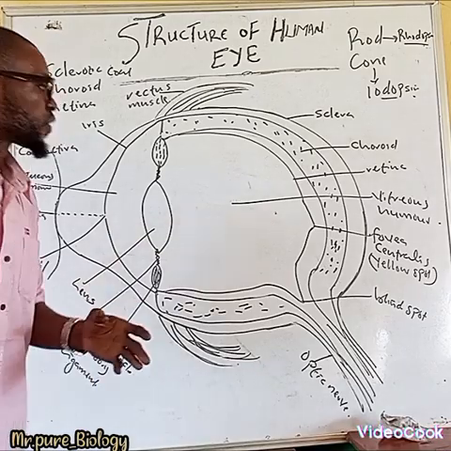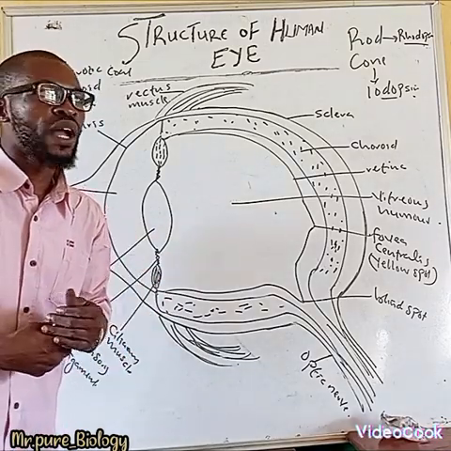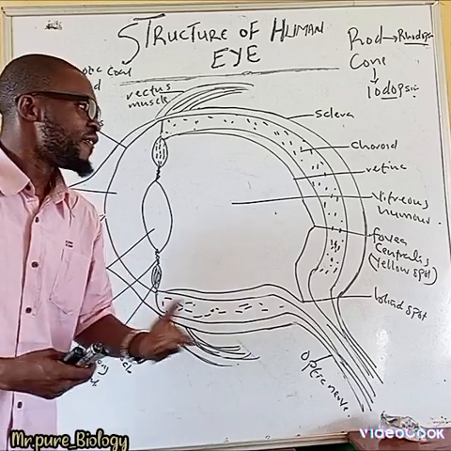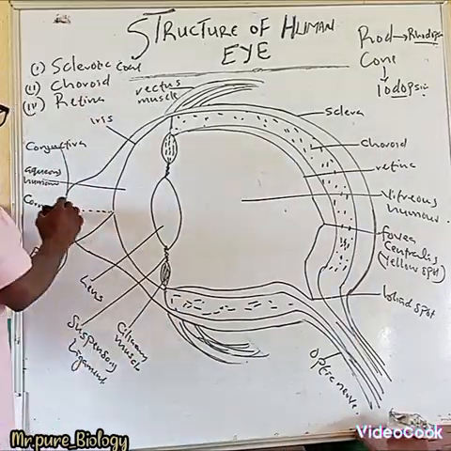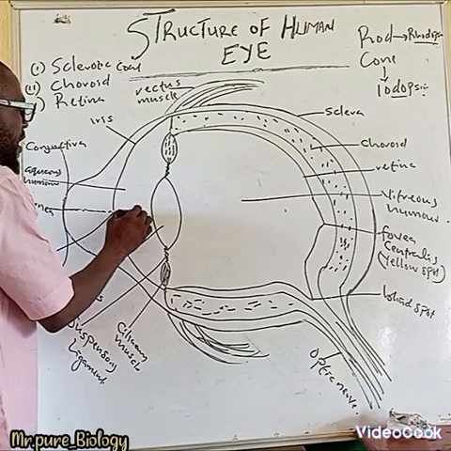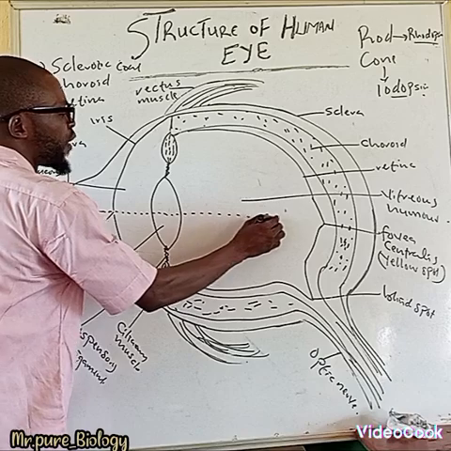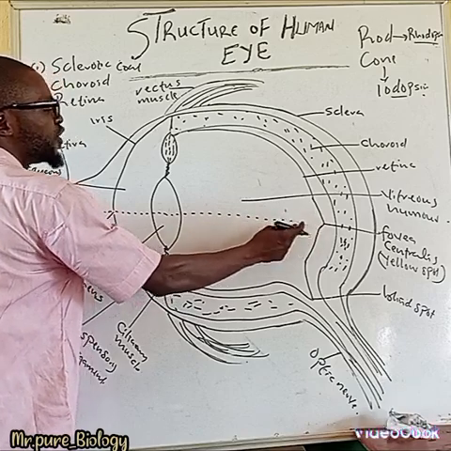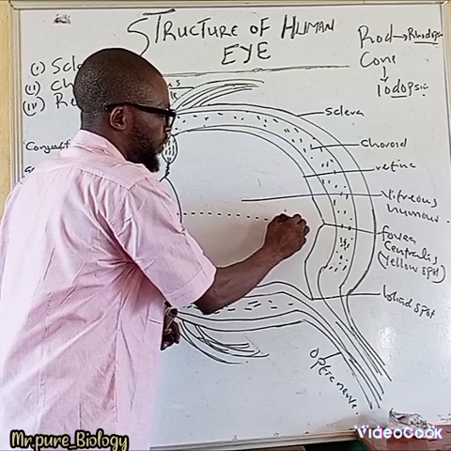Now, before we go on, we can simply look at eye defects. Let's look at some eye defects and their correction. For instance, let's assume the image just enters into the eyeball like this. As it gets to the lens, it passes through the lens, but instead of getting onto the retina here, it does not get onto the retina, it just stops here.